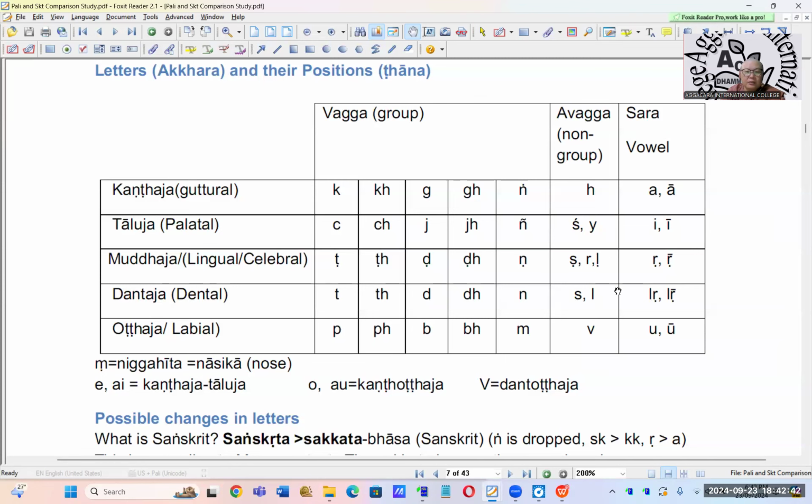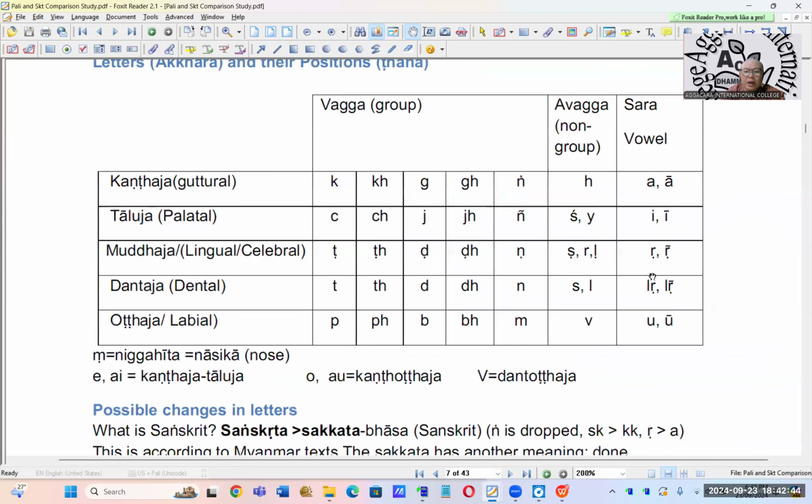La. Okay, and then the L or L with the dot, and this is a long one, all right? So ma, V, okay? V actually belongs here because when you say V, you must use your lips, your mouth. So the V group. So the vowel, okay? When you say u, you also must use your lips.